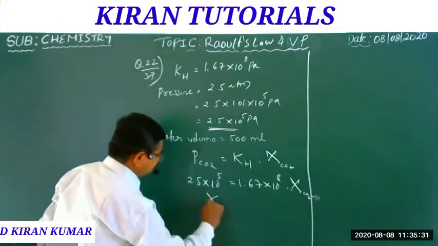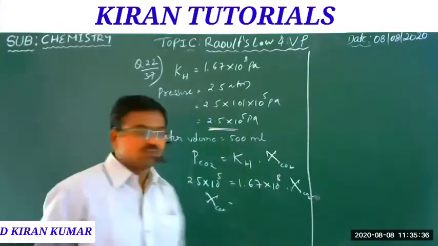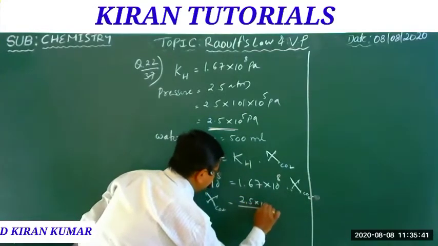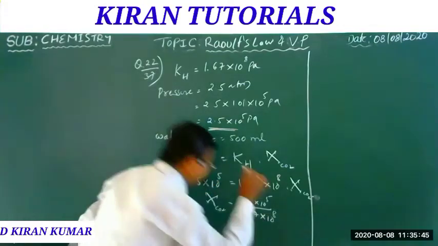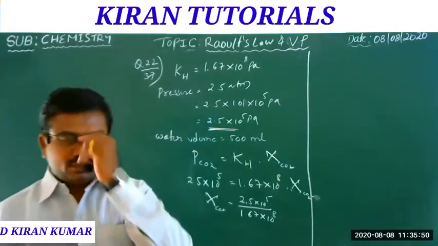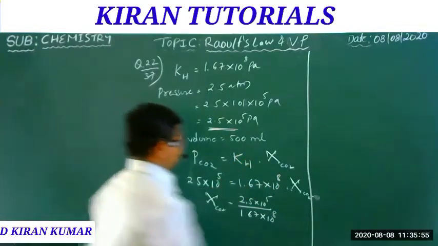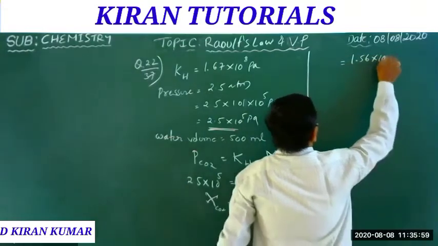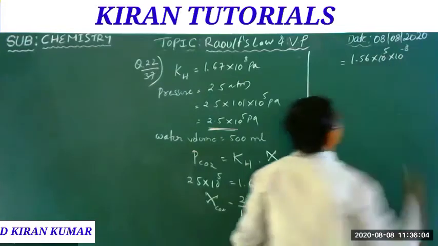Mole fraction of CO2 is equal to 2.5 into 10 power 5 by 1.67 into 10 power 8. What is the answer here? 1.56. That is equal to 1.56 into 10 power 5 into 10 power minus 8. Clear?